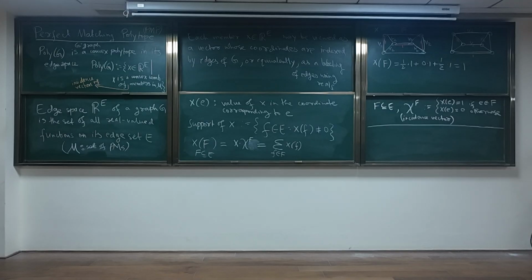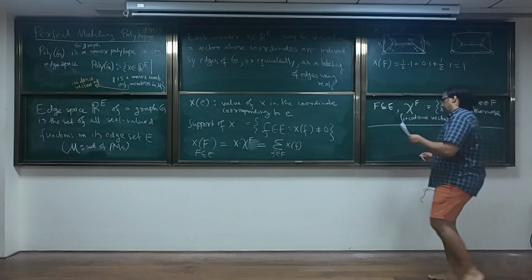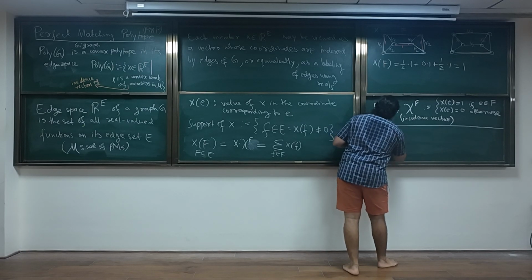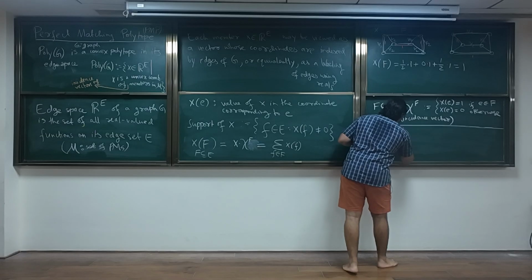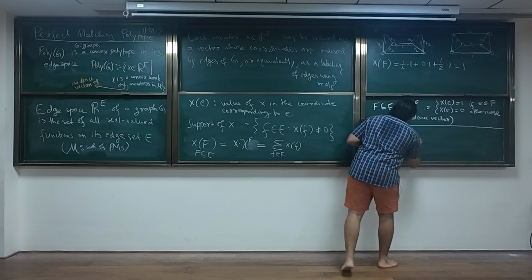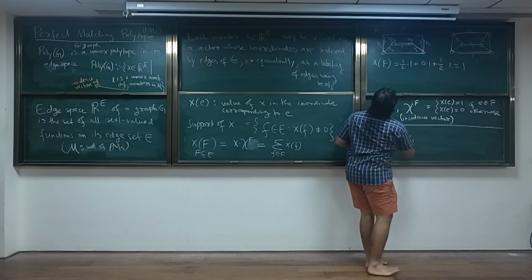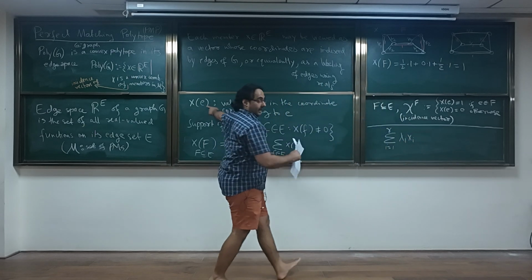Recall that if my vectors are labeled 1 up to r, it's just the sum of lambda i times x i. Each x i is a vector here. Don't confuse this with x of e. That's a different notation.